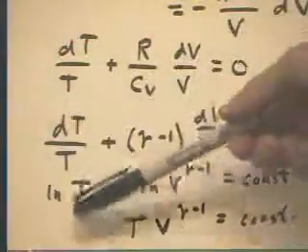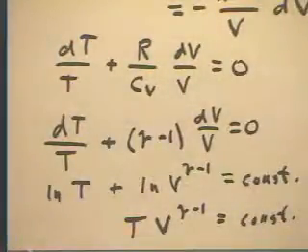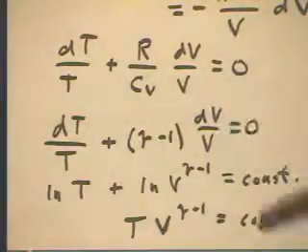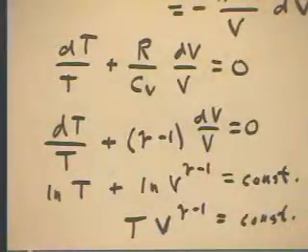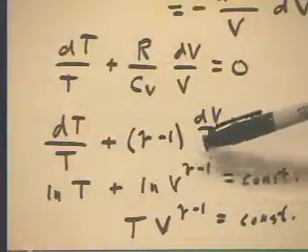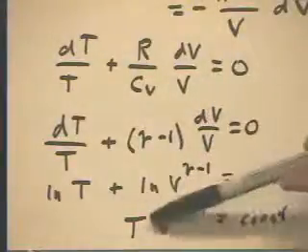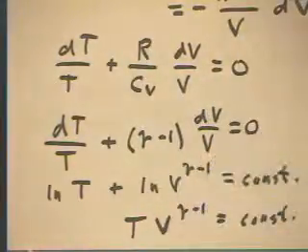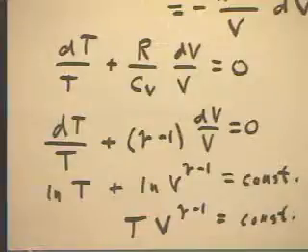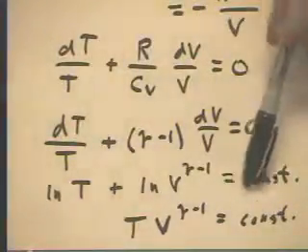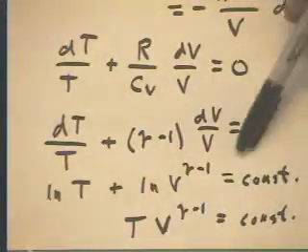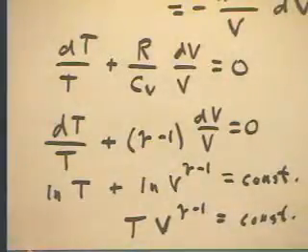We integrate dT over T, we get the natural log of T. We integrate dV over V, we get the natural log of V. Gamma minus 1 times the natural log of V is the natural log of V to the gamma minus 1, just using the laws of exponents. We, of course, get integration constants from both of these terms, and this constant will absorb any integration constants that we get from these.